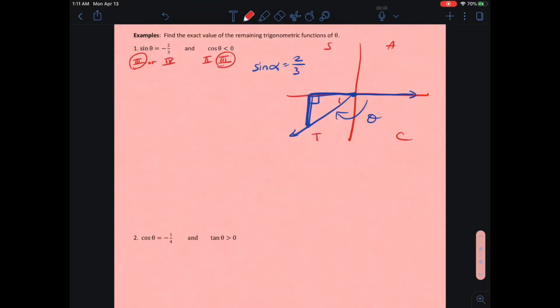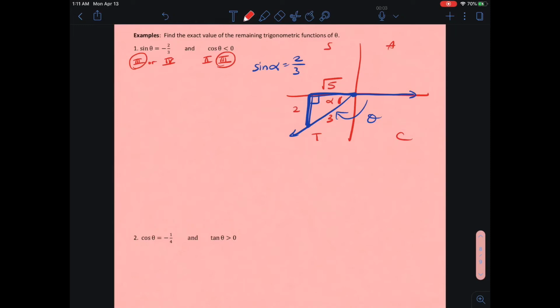This is alpha, by the way, my reference angle, always acute. So if I label my sides, sine of alpha is 2/3, sine is the opposite over hypotenuse. Opposite would be 2, the hypotenuse would be 3. Using Pythagorean theorem, you'll get this leg here to be square root of 5.